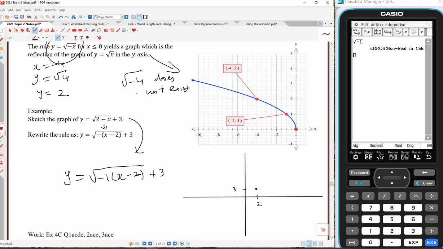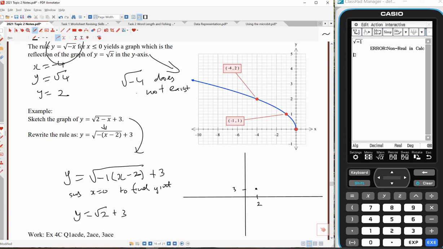All right, and I'll try 0, which will be the y-intercept. So let's go and sub x equals 0 to find y-int, the y-intercept. So y equals, 0 goes in, we get -2. -2 gets negated to become 2. We've got √2 plus 3.